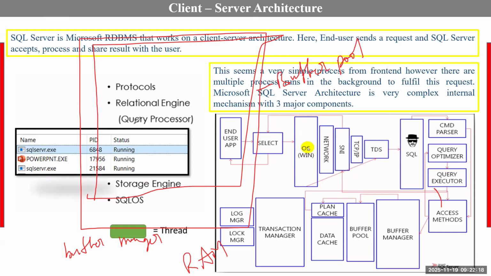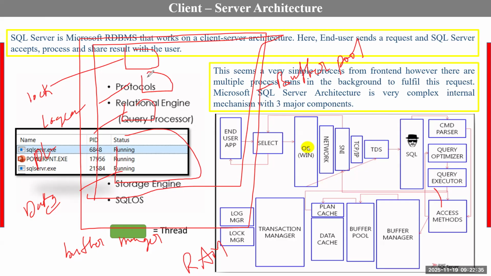Within the buffer pools there are caches like the data cache, plan cache and log cache. There are a lot of caches out there, but these are the most popular ones which we'll remember: data cache, plan cache, log cache.